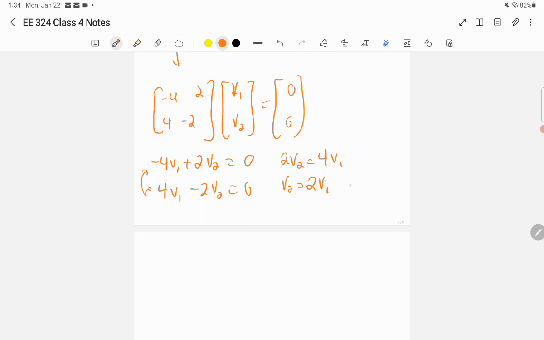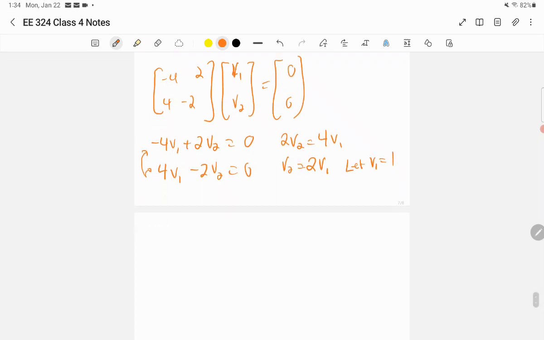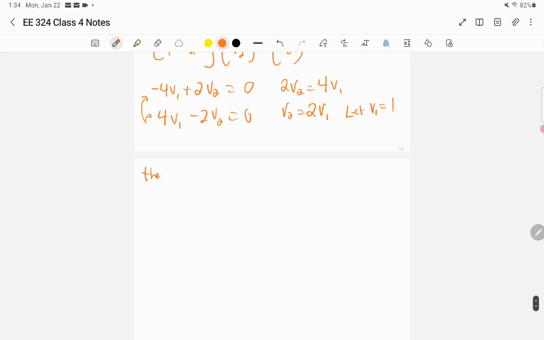So let's let v1 equal 1. We don't want it to be 0, by the way. We're looking for an eigenvector that's not zeros.